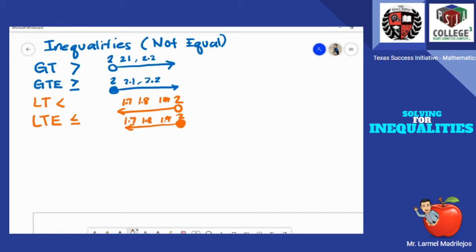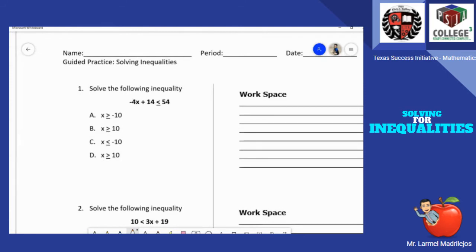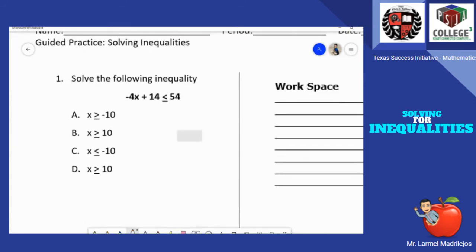Okay, the topic today is solving inequality. Let's look at the first question here. The first question is solve the following inequality. If you remember, we're solving multiple equation. It's the same thing that we have here. The first thing I'm looking at here is the variable.